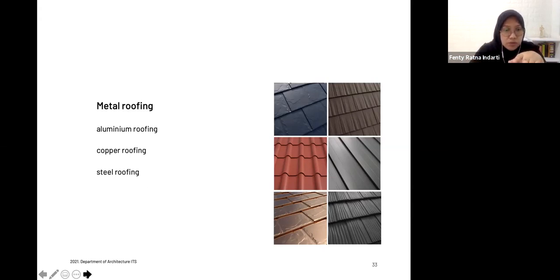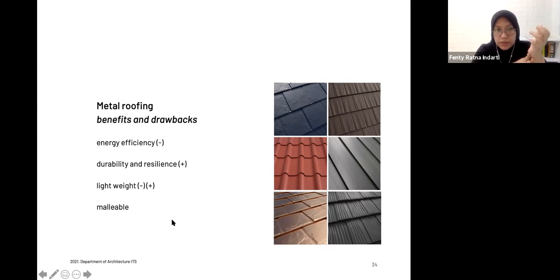And now the benefits and the drawbacks. First, of course, is the energy efficiency. Energy efficiency is related to the building performance inside the building. Metal roofing is usually very thin, because if it's thick, it will be heavier compared to the terracotta tiles, so it just needs thin sheets.